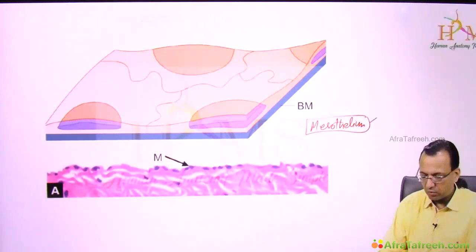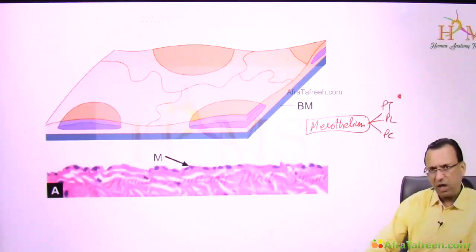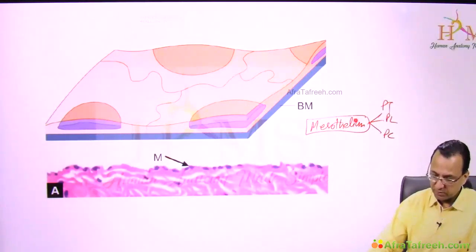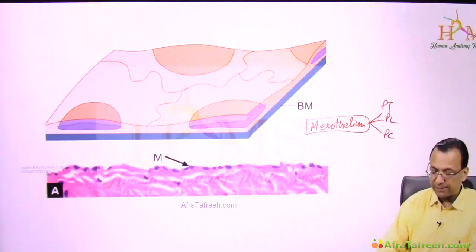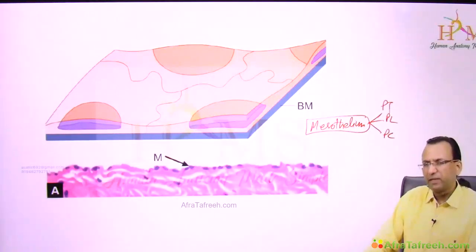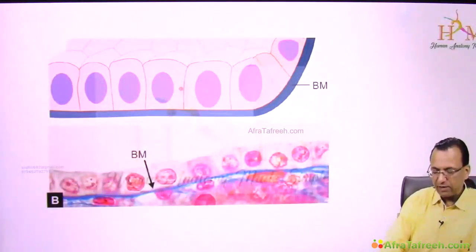We have already told peritoneum, pleura, pericardium. So you mean peritoneal serosa? Yes, peritoneal serosa. And it could be the pleura, it could be the pericardium also, having mesothelium, which is simple squamous epithelium. And what about the simple cuboidal epithelium? If it's a simple cuboidal epithelium, you'll say central spherical nucleus, height is equal to the breadth of the cell.